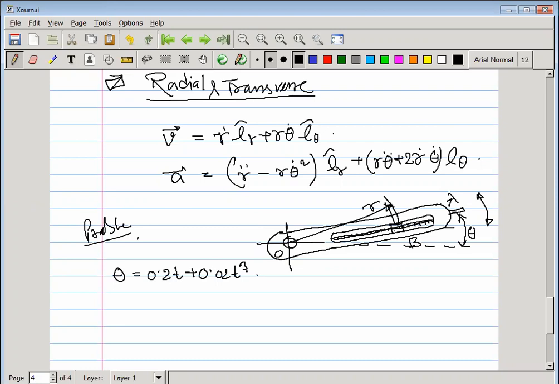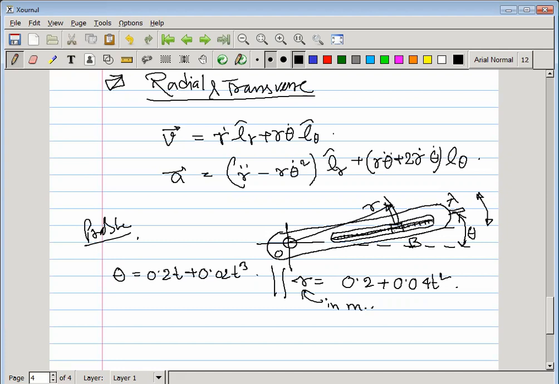Now the power screw in the arm engages the slider B and controls its distance from O according to r equal to 0.2 plus 0.04t square, where r is in meters.